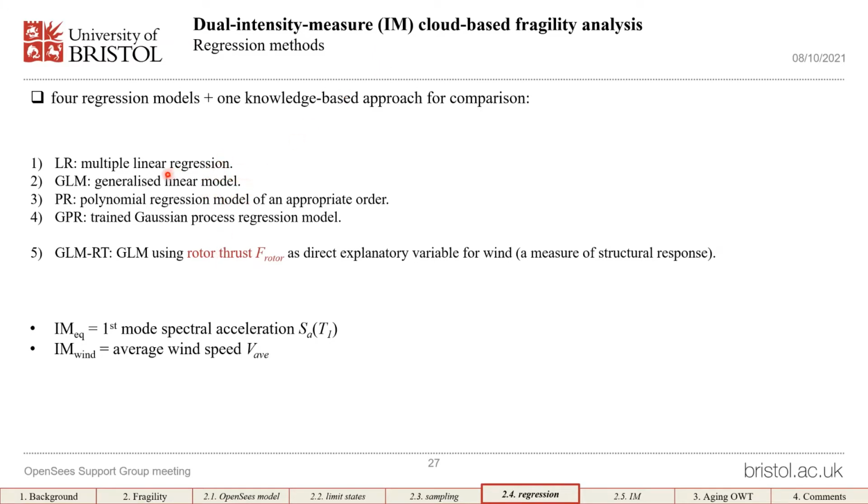So we have the linear regression model, the LR, the generalized linear model, the GLM method, the polynomial regression model, the PR, and the Gaussian Process Regression, the GPR model, and finally what we called the Roda-Strauss approach, which is just a reference. So at this point, the combination of intensity measures we've used was the first mode spectral acceleration of this wind turbine for the ground motions and average wind speed for the wind.